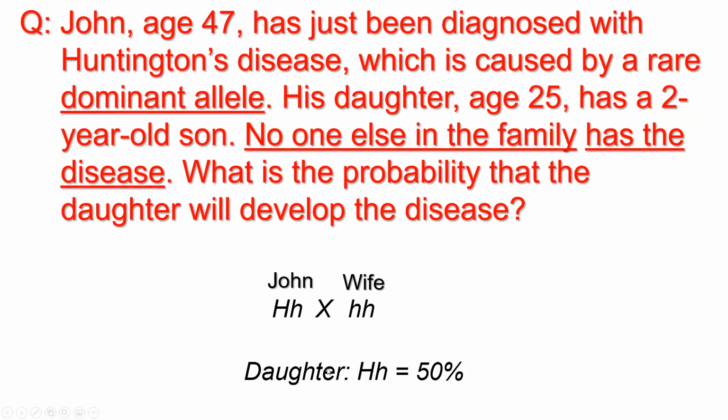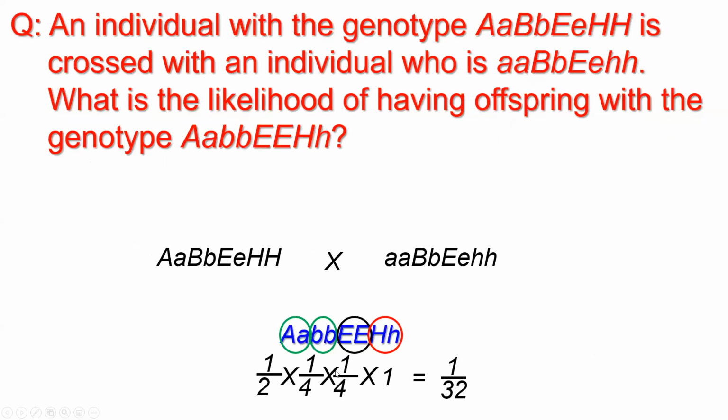Here, this is a more complicated kind of question. There is a cross, and these are the genotypes here. If you have this kind of genotypes, imagine making a Punnett square.